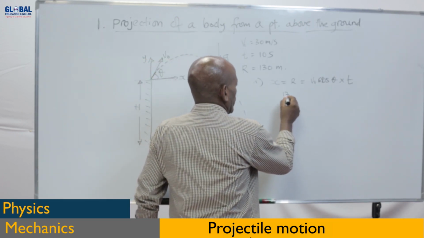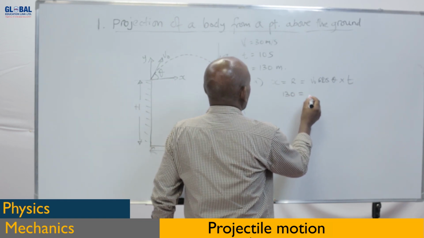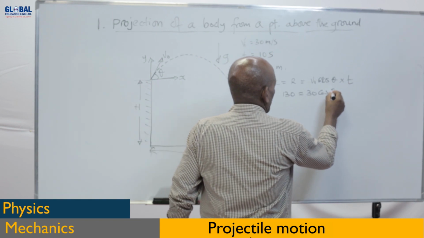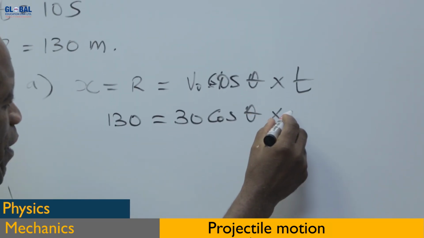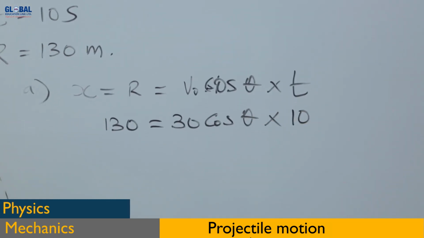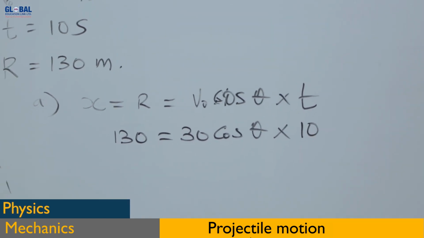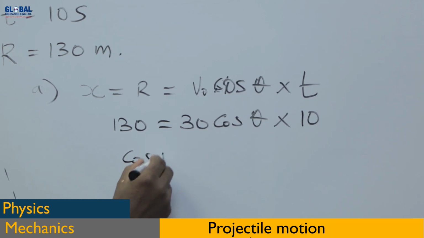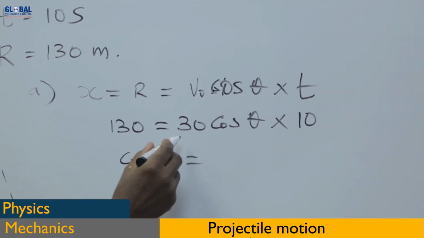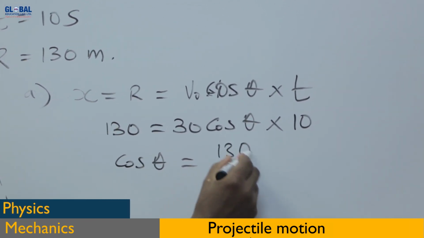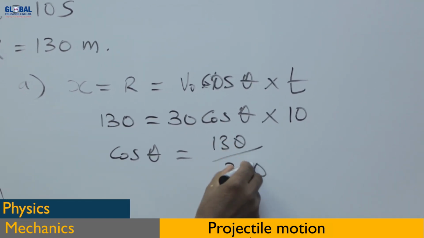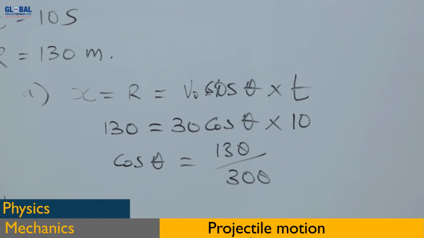So we have the range, which is 130, v naught is 30, cos theta, times the time, which is 10 seconds. Then cos theta is just equal to 130 over 300, which is equal to 13 over 30.